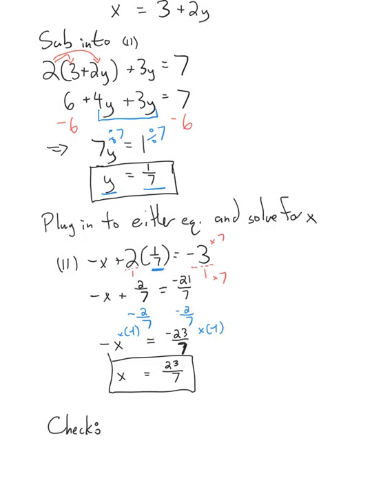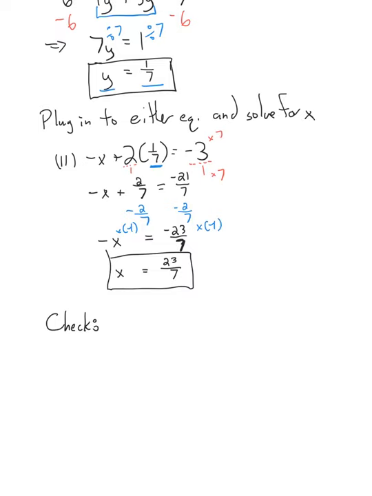So let's plug it in there. So 2 times 23 over 7 plus 3 times 1 over 7, does that equal 7?